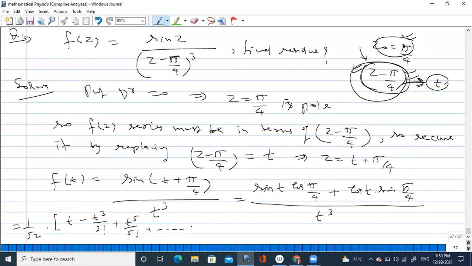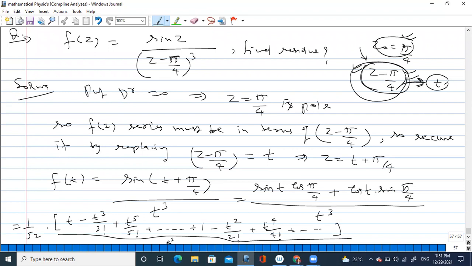Now the cos series plus 1 minus t square by factorial 2 plus t to the power 4 by factorial 4 plus dot dot dot. Okay. Now with that I have to divide it by t cube.